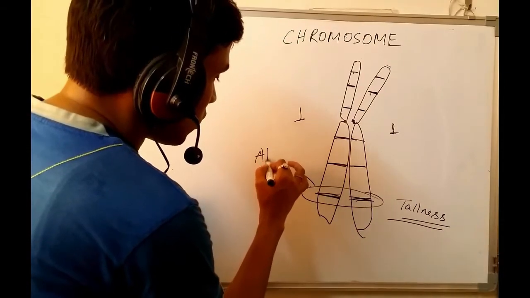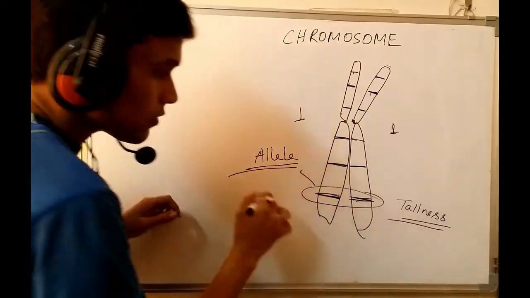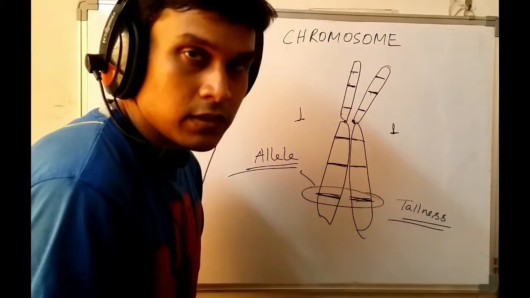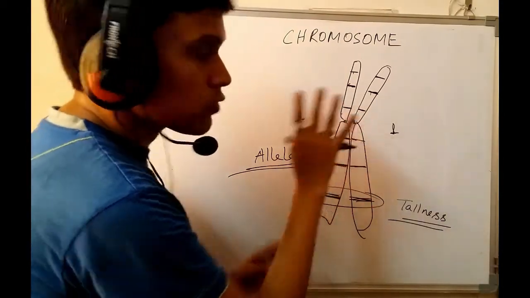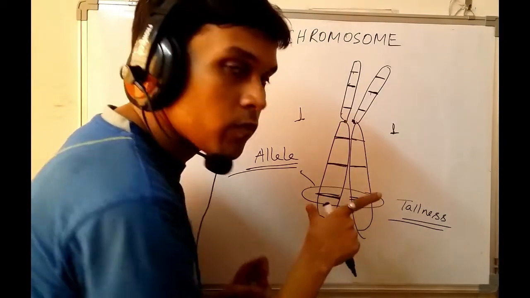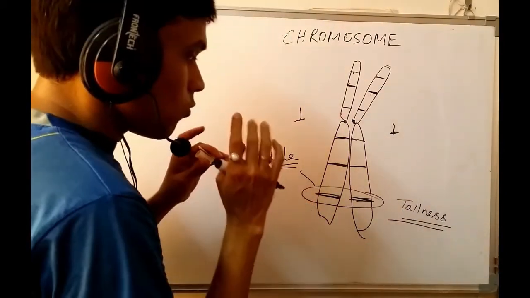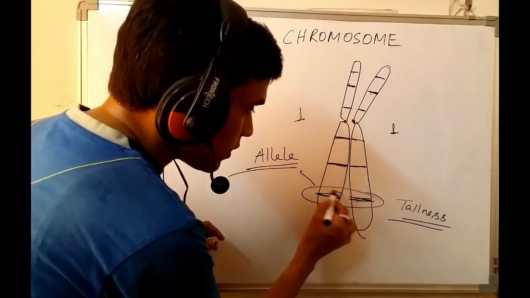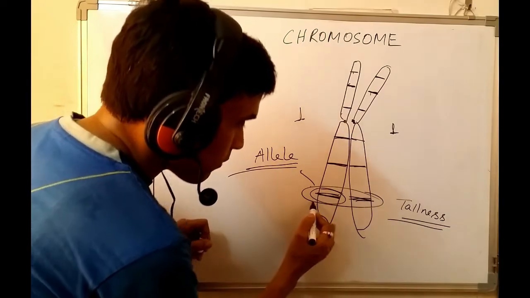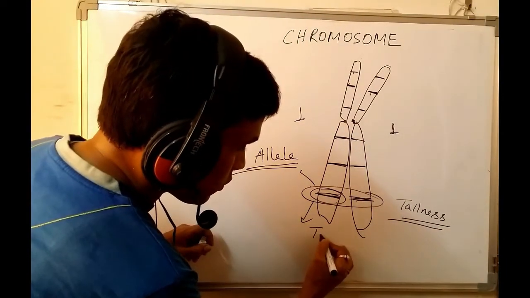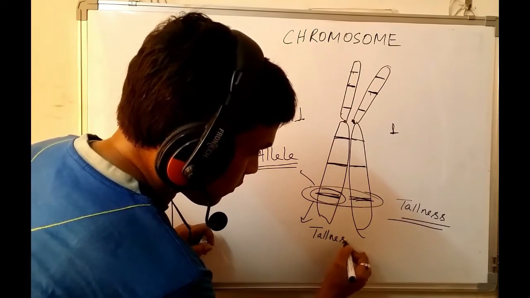So what is an allele? An allele means the two forms of a gene in a homologous chromosome. If I consider the homologous chromosome, there are two forms of a gene. Why am I saying two forms? Maybe this is responsible for tallness, and when it is expressed, it produces tallness.